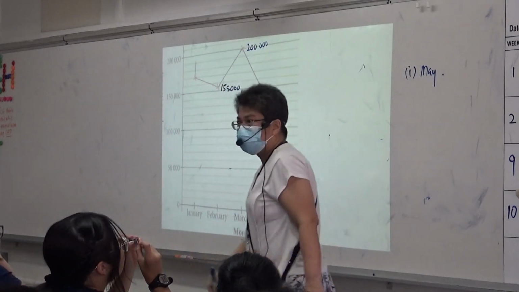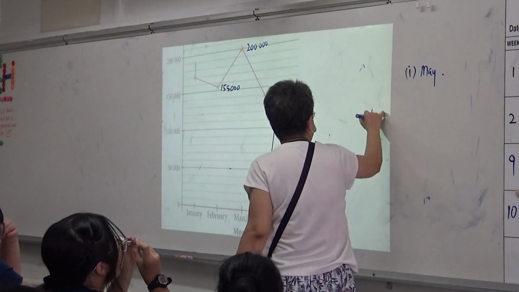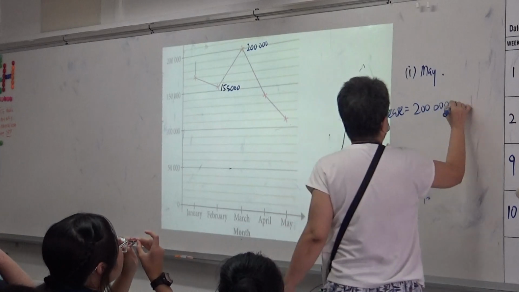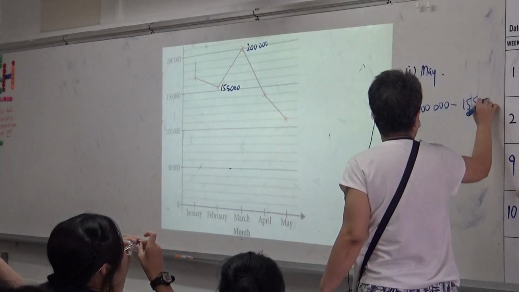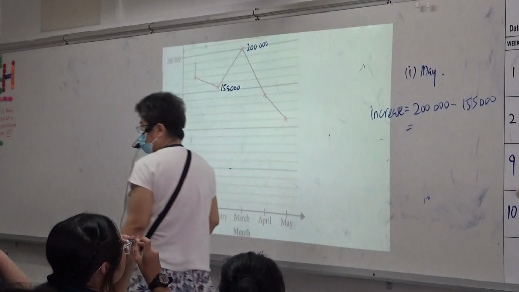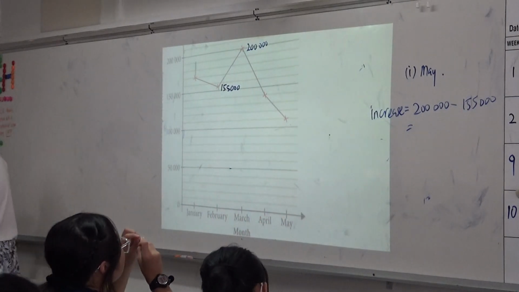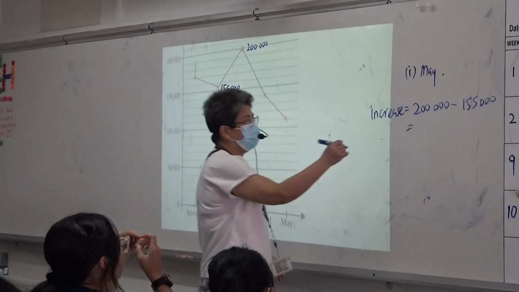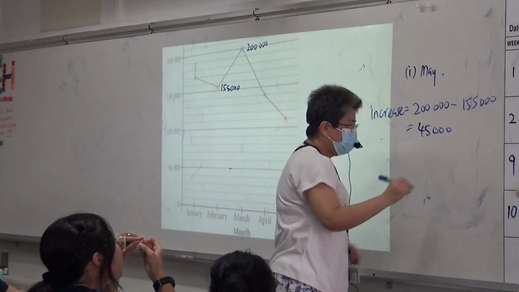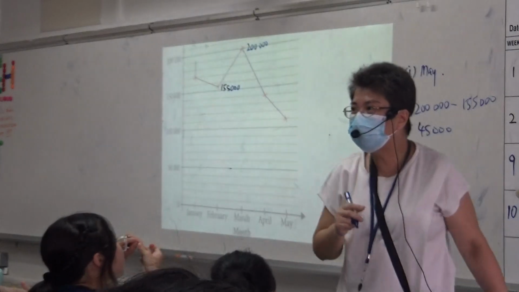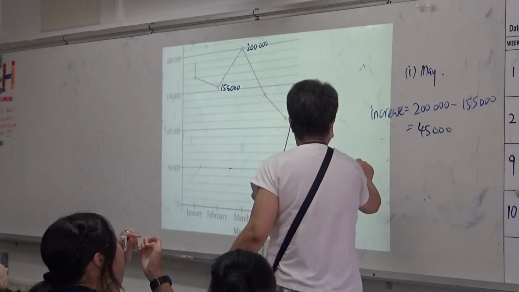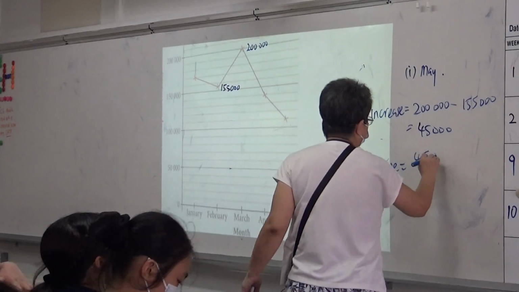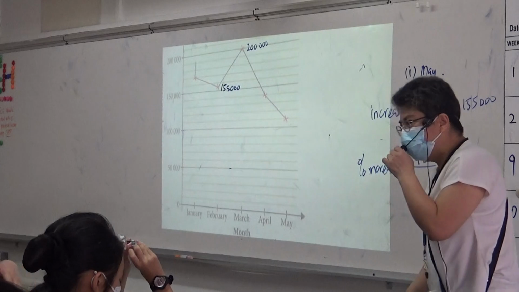What about March? 200,000, right? Alright. Now, may I know what is the increase? 200,000 minus? Okay, so how much is this? 45,000. Okay? What did they ask for? Can you tell me? Percentage what? Increase. Okay. So, percentage increase will be this one over the original, right?